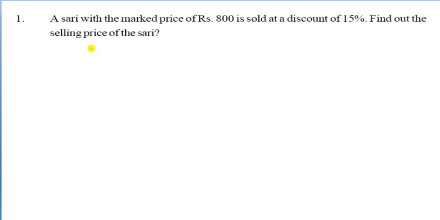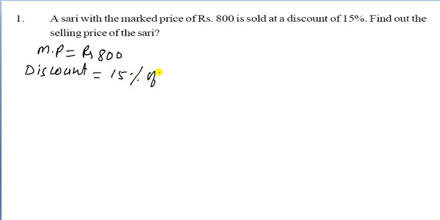So that was the discount, mark price and selling price. Question number 1: a sari with the mark price, in short MP, of rupees 800 is sold at a discount of 15%. How much is the discount? Always remember, discount is calculated on the mark price.